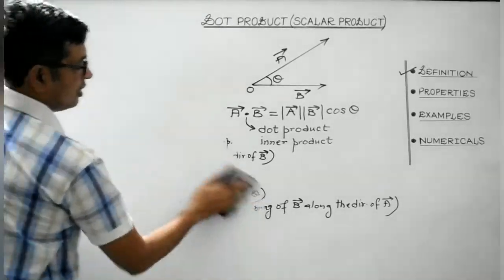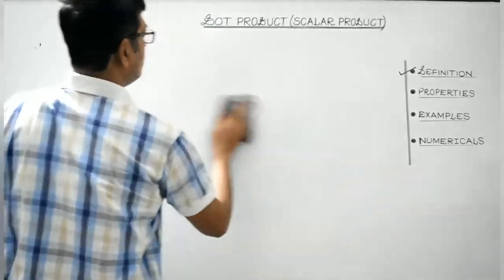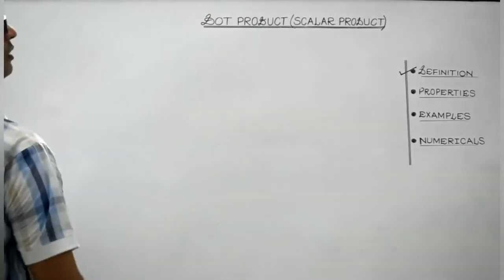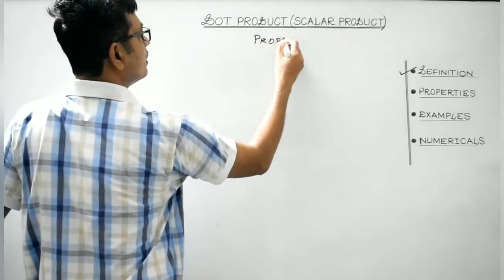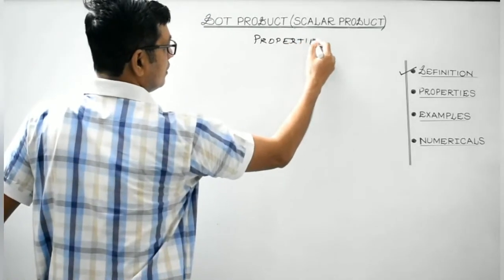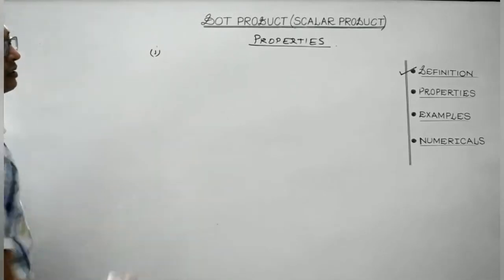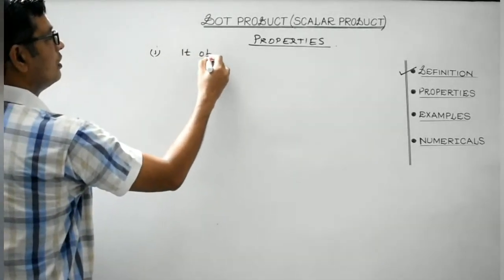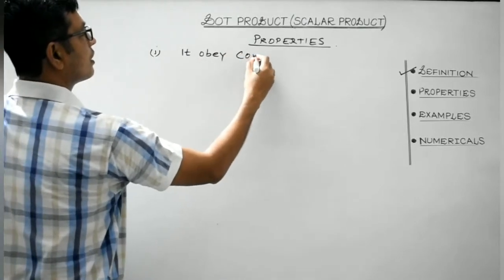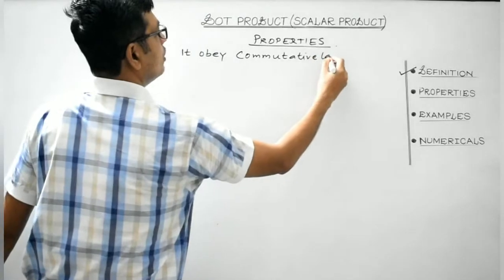Dot product obeys commutative law. We'll prove these properties as well. Let's first discuss it theoretically. So properties of dot product. First property is it obeys commutative law.